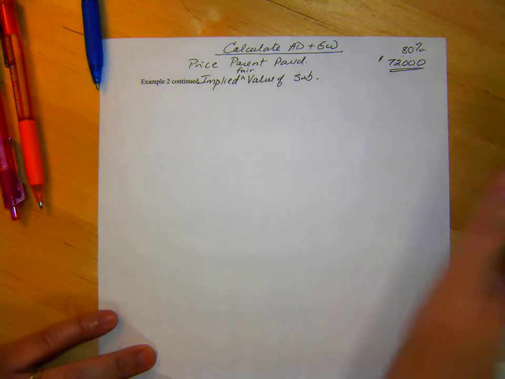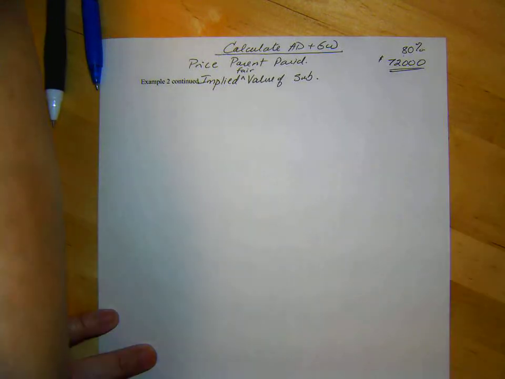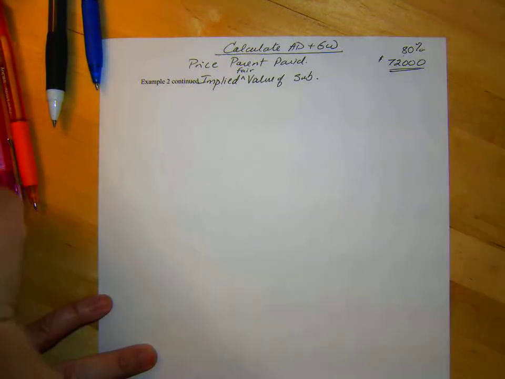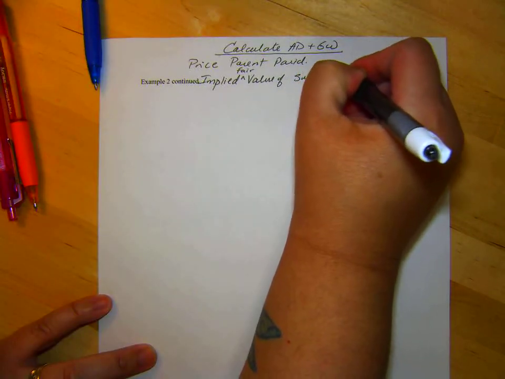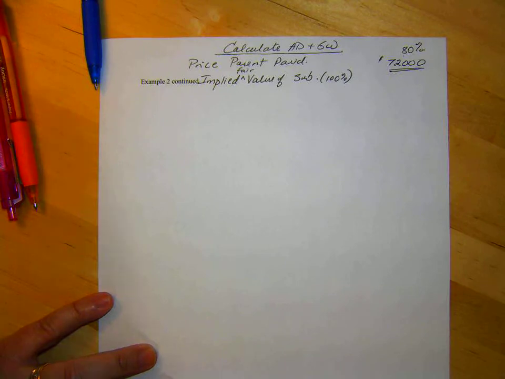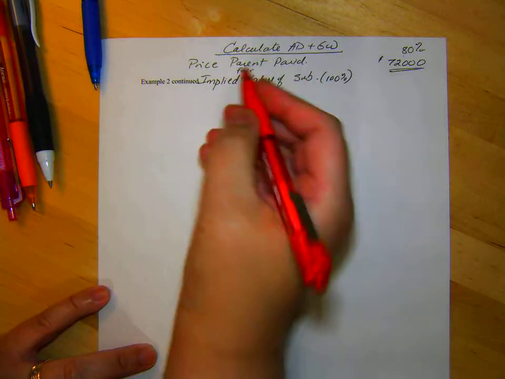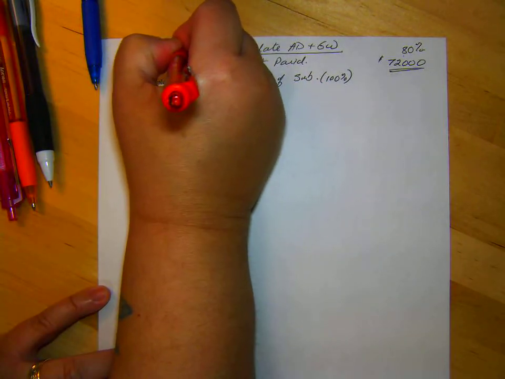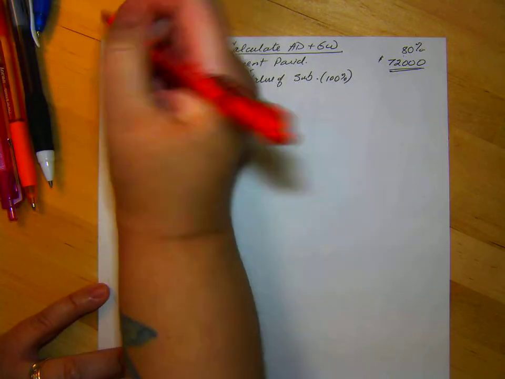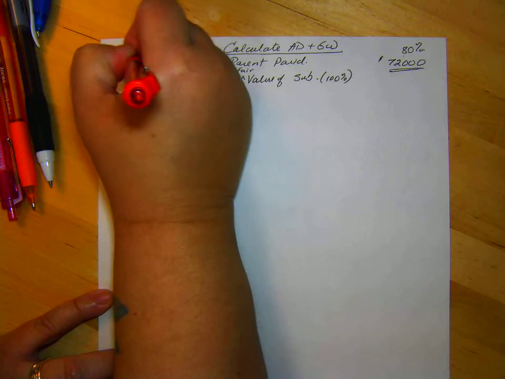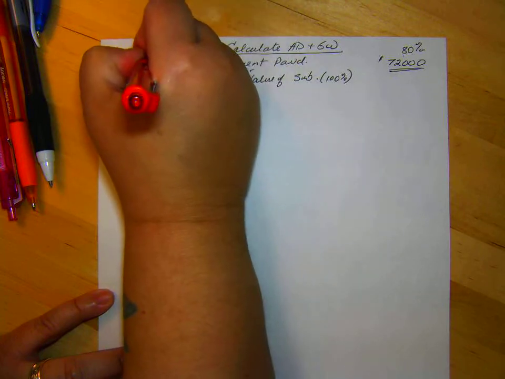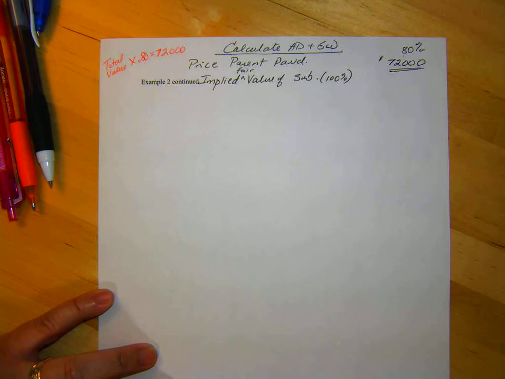Okay? So, how do I figure out what the implied value of 100% of the sub is? Well, how did we get 72,000? We know the total value times 80% is 72,000, right?